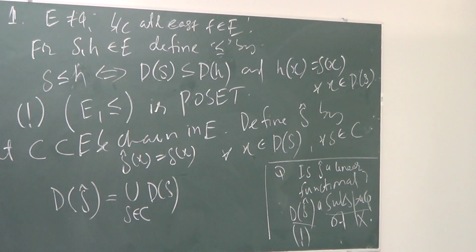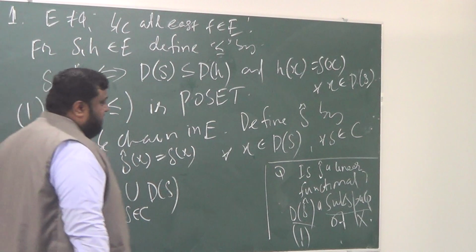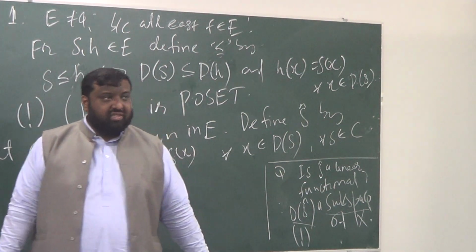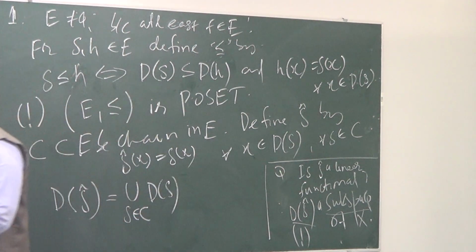You have to keep in mind that C is a chain. So the chain is going to play a role. Keep the context in mind when you want to prove this small result.